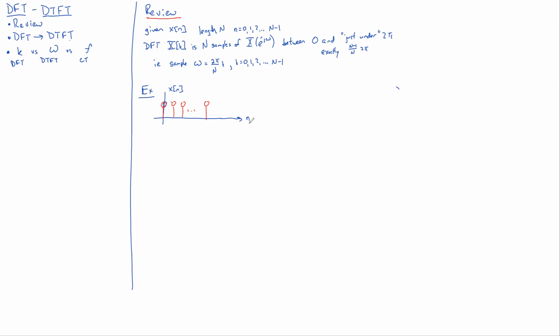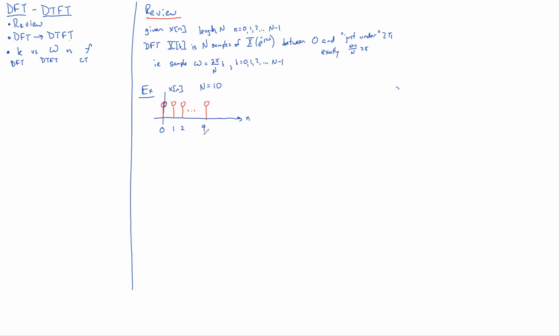Sometimes you'll also hear it referred to as a top hat. It's something that's 0 everywhere except for a finite number of places where it's equal to 1. And to make it simple, I'll make this a capital N equals 10 length sequence. So it's ones between 0 and index of 9.